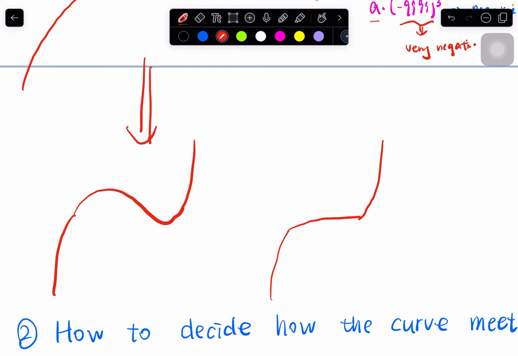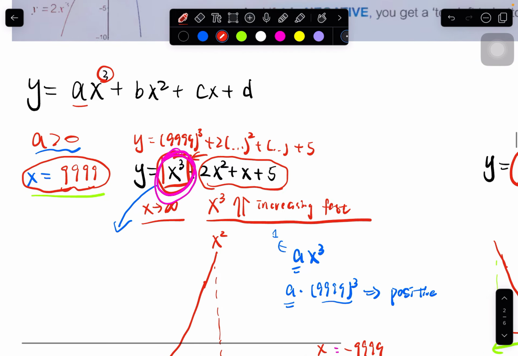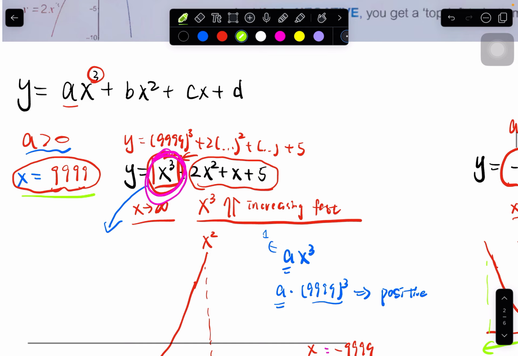So we don't know. That depends on other factors. So here, when we want to determine the 2 ends, we only need to see this part.